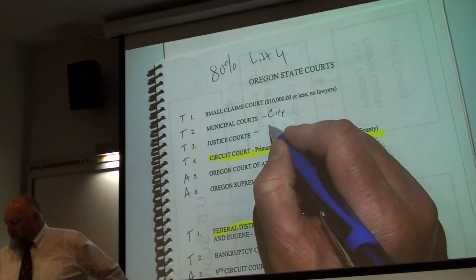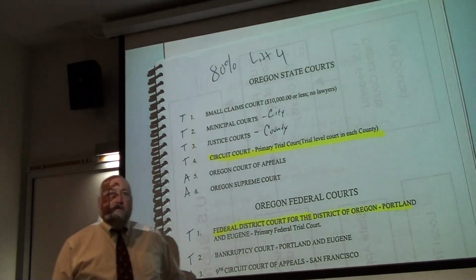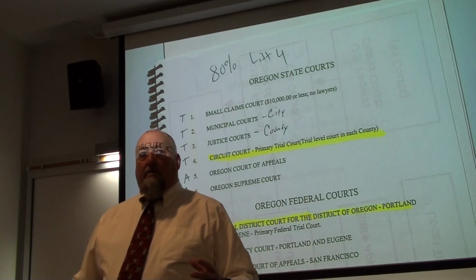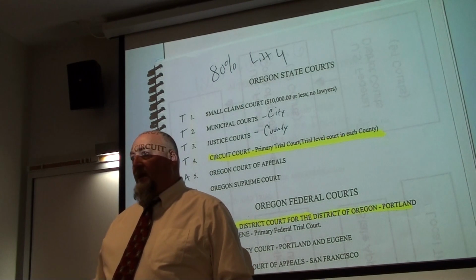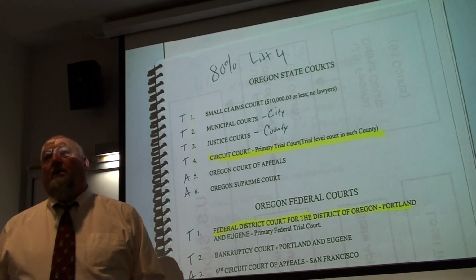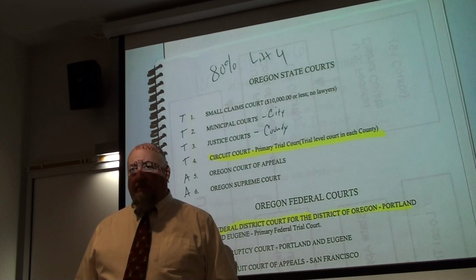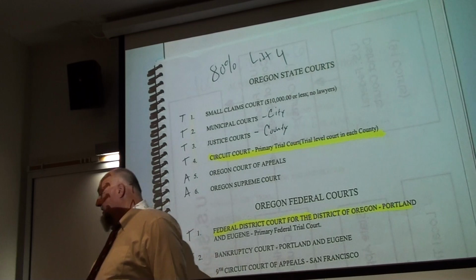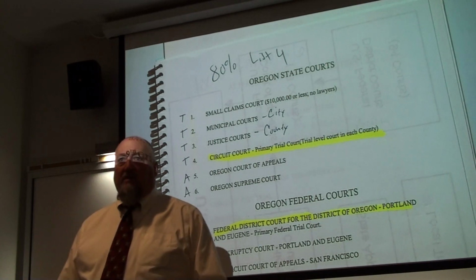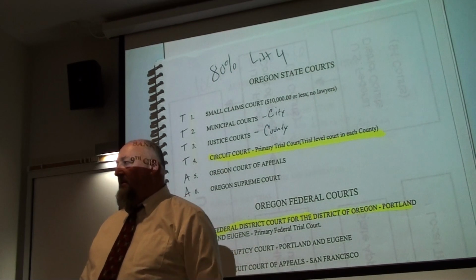Then we have what are called justice courts. We don't have very many of these anymore, but typically these are a court that's set up within a county to handle violations of law outside of a city but within a county, or law involving county code like zoning law or things like that. It used to be that we had justice court districts that may take up a number of counties, where you had a justice that would ride around on a horse and do a circuit kind of thing.